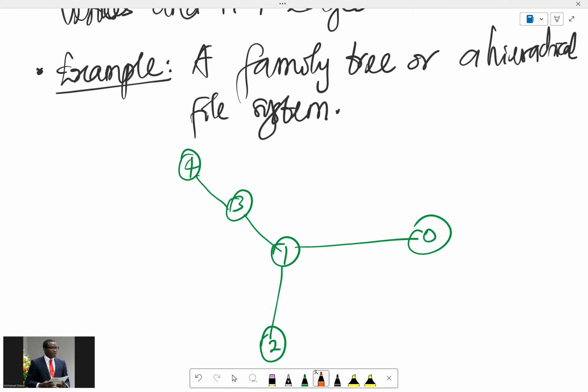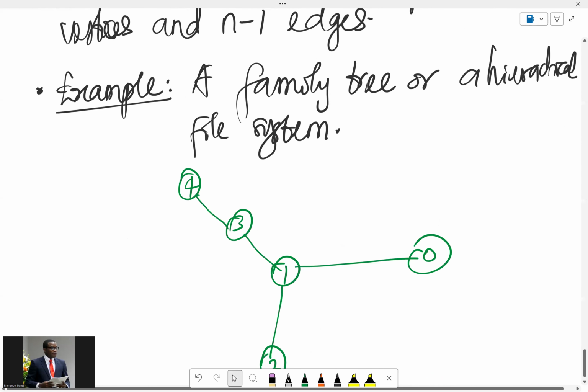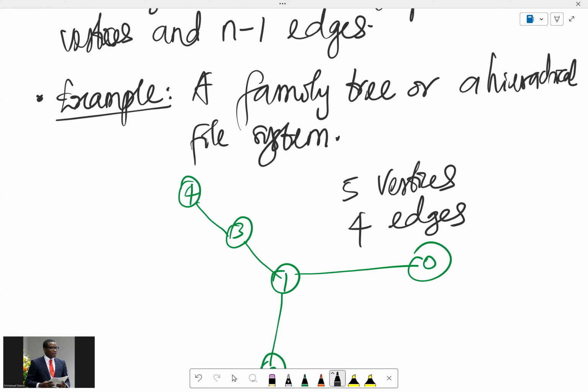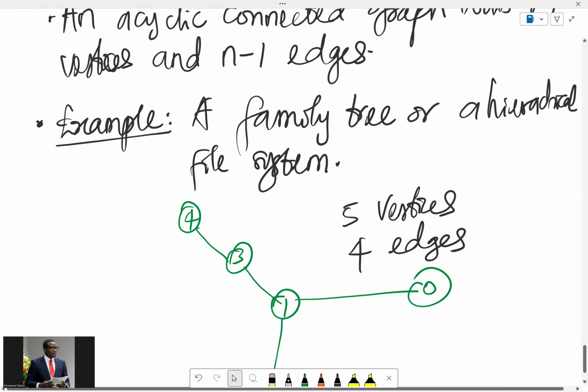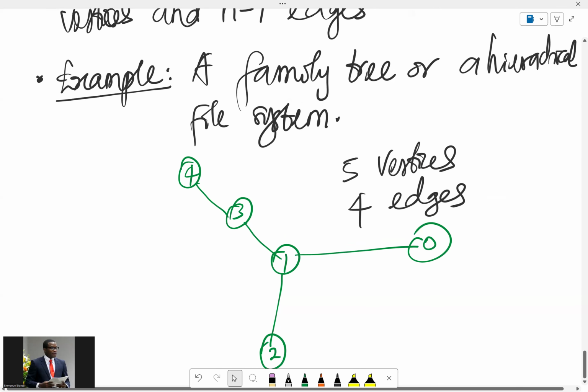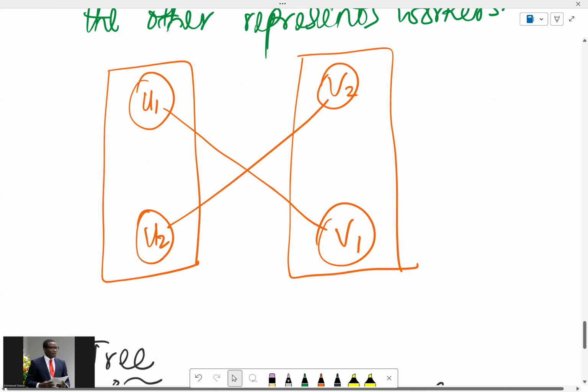Just like the definition says, you have five vertices and four edges. That is what a tree looks like. Just like a family tree or a hierarchical file system, that is a very good example of a tree.